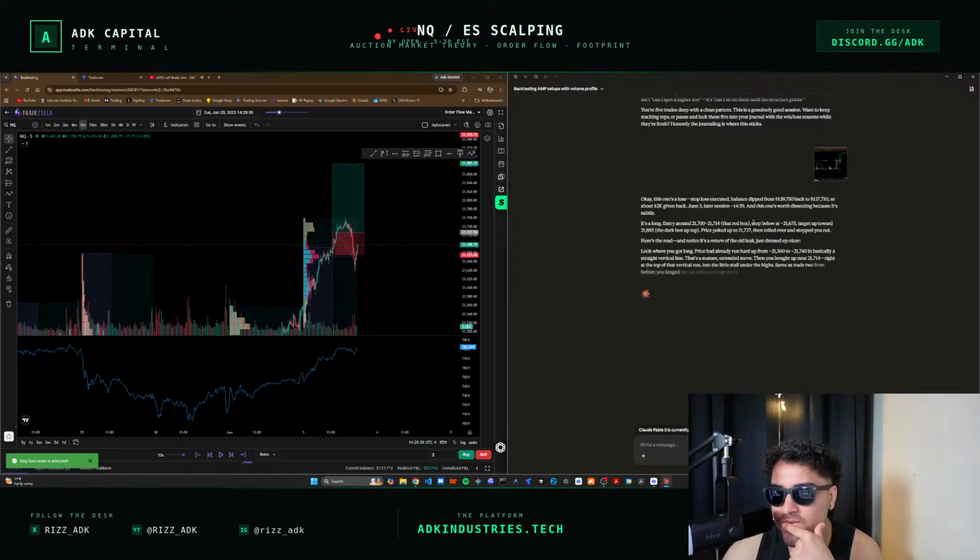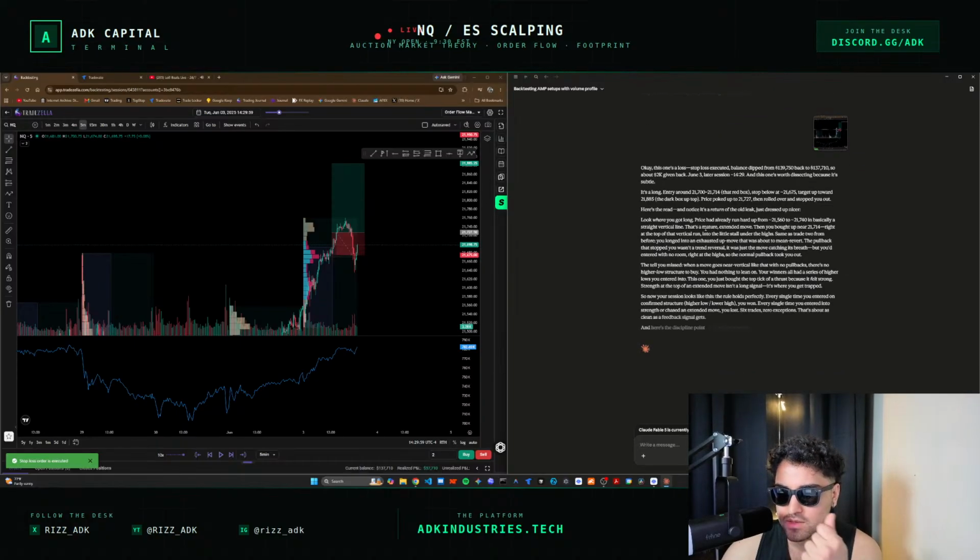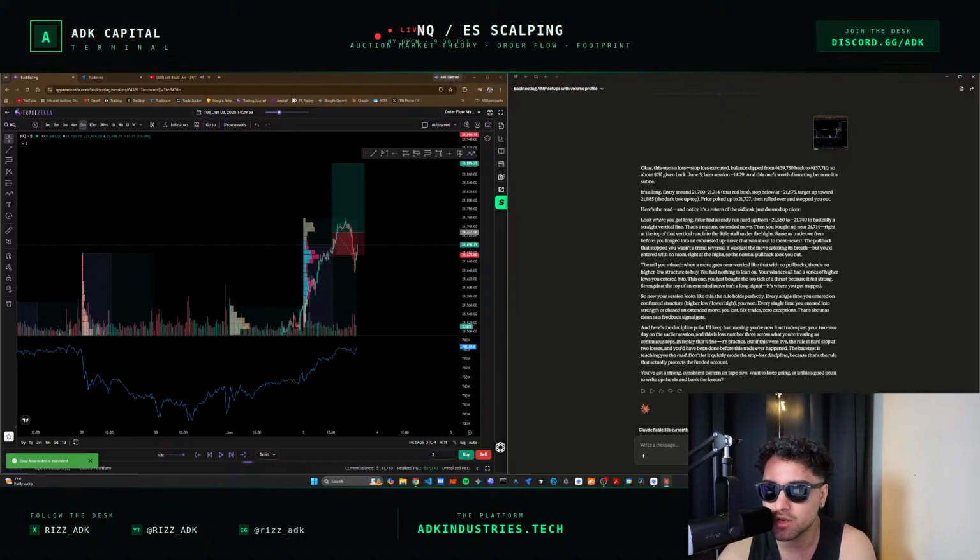The long entry near the red box, target up towards 21.72, then stopped out. Here's the read. It's the same old pattern, just dressed up nice. Look where you went long. Price had already run hard from 21.560 to 21.740, basically a straight vertical line. That's a mature extended move.